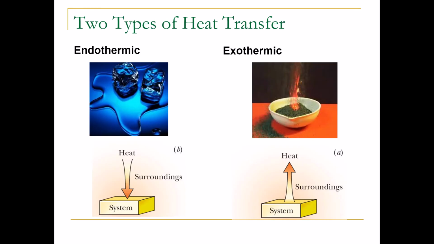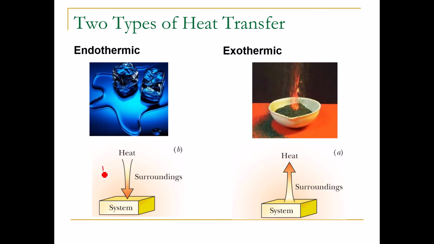So, a couple of ideas then. We've already talked about heat being transferred out of the system or into the system, and we define that in terms of Q. We're now going to put another term to that, and that is endothermic versus exothermic. Endothermic means that we have a net increase in heat in the system. So heat is going in.